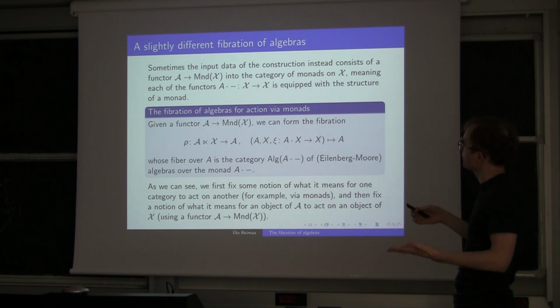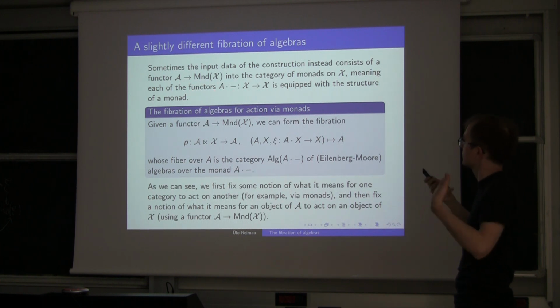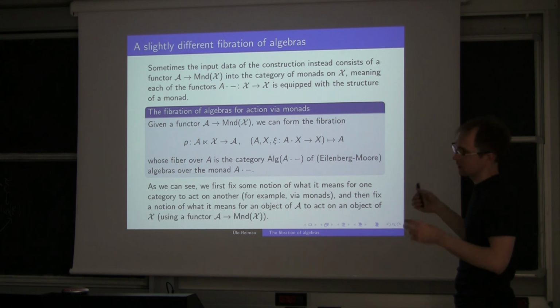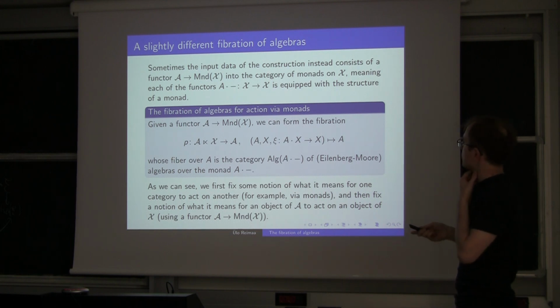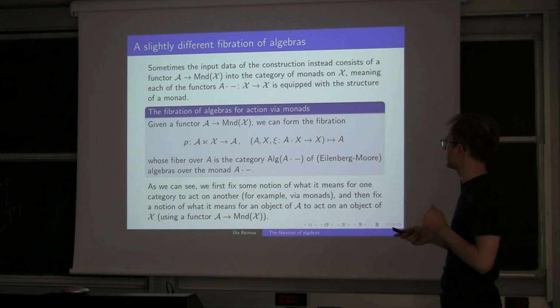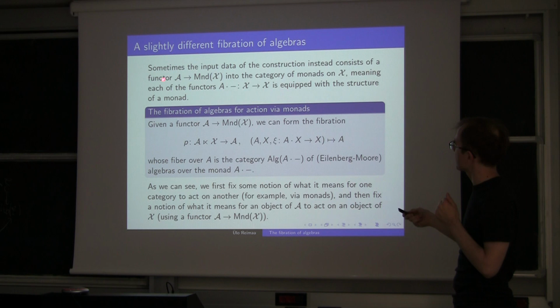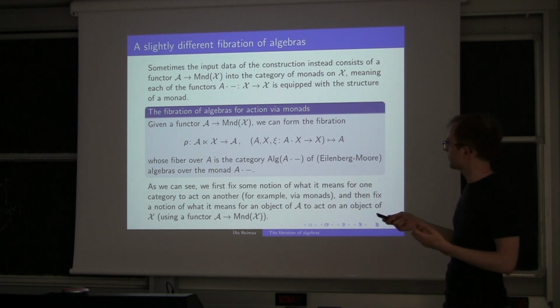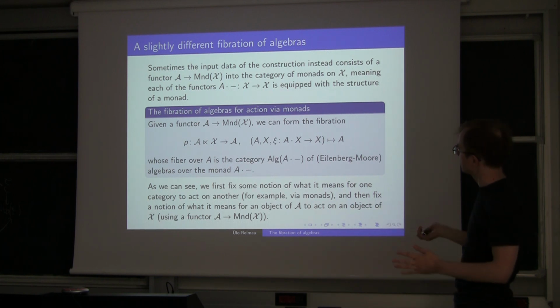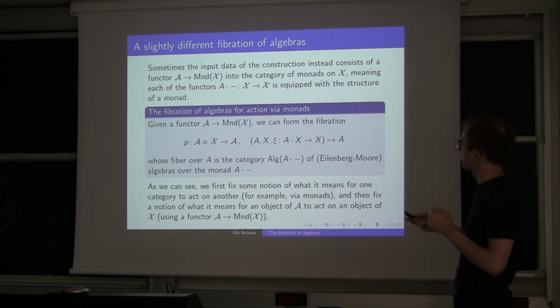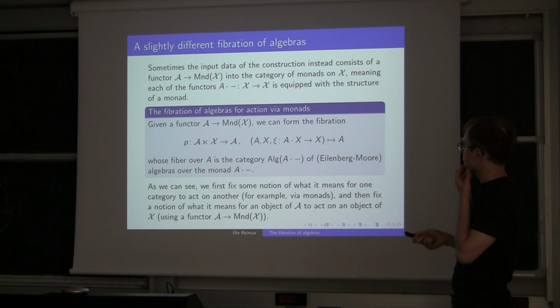So we just now assume that these functors have some implicit structure of a monad included by this so-called action, which we will differentiate from the previous case by saying that A is acting on X via monads, while in the previous case A was acting on X via just endofunctors.